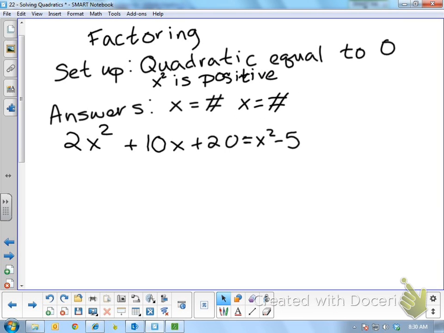So again, we have to be equal to 0. Also, when we're factoring, we really need whatever number is in front of x squared to be positive. Again, we want to know what our answer should look like. We should have x equals some number, x equals some number, and then I've given an example that we're going to use to practice factoring.